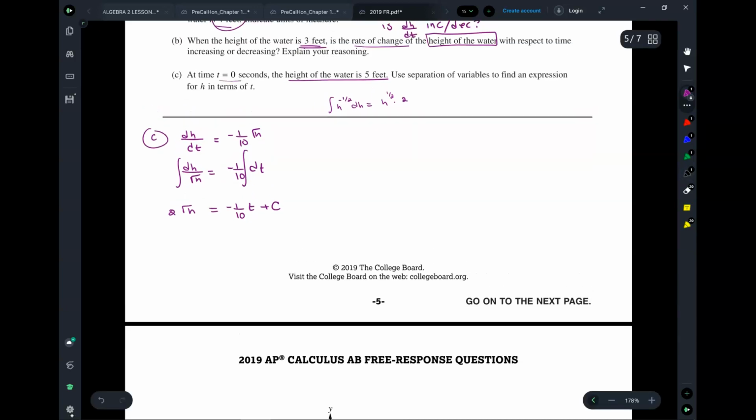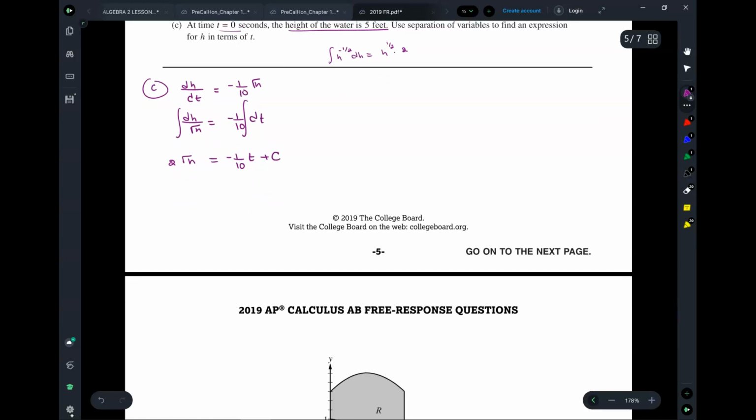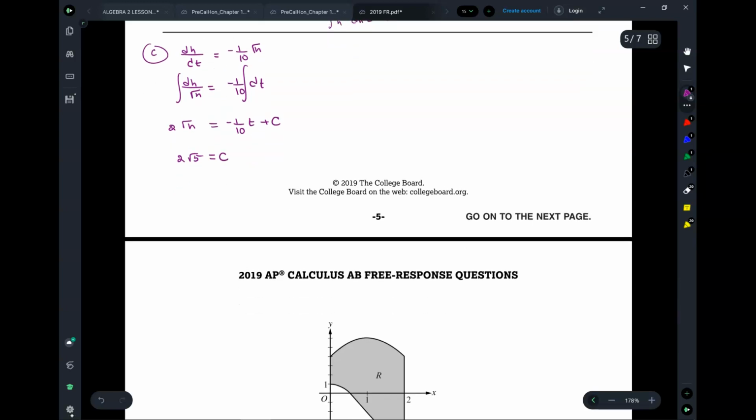At t equals 0, h is 5. So 2 root 5 is equal to c. That means 2 root h is equal to negative 1 over 10t plus 2 root 5. Okay.